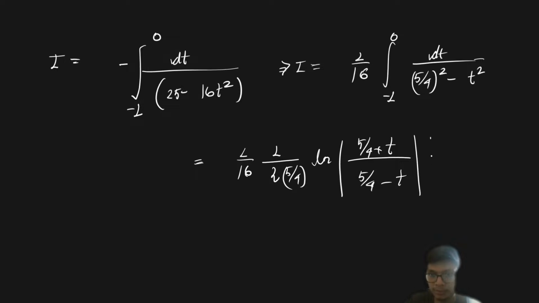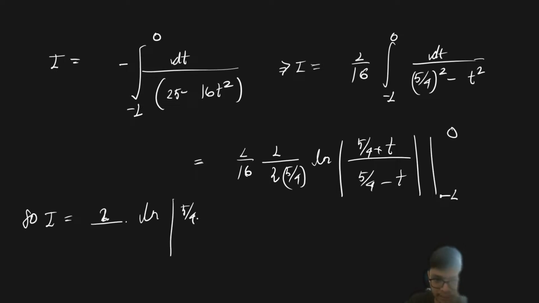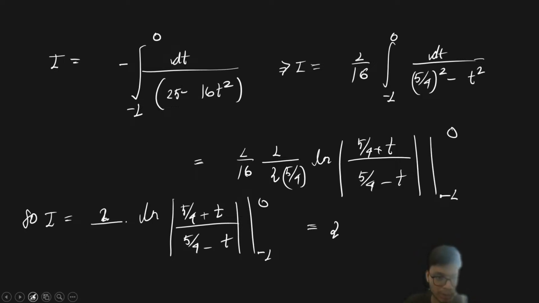And we put the limit, that is minus 1 to 0, and ultimately we have to report the answer of 80 times of I. So if you simplify this part out, you are going to get this result as 2 times natural log of, and then we put the values. And if you put the values and simplify, this is going to come out as 4 times natural log of 3.